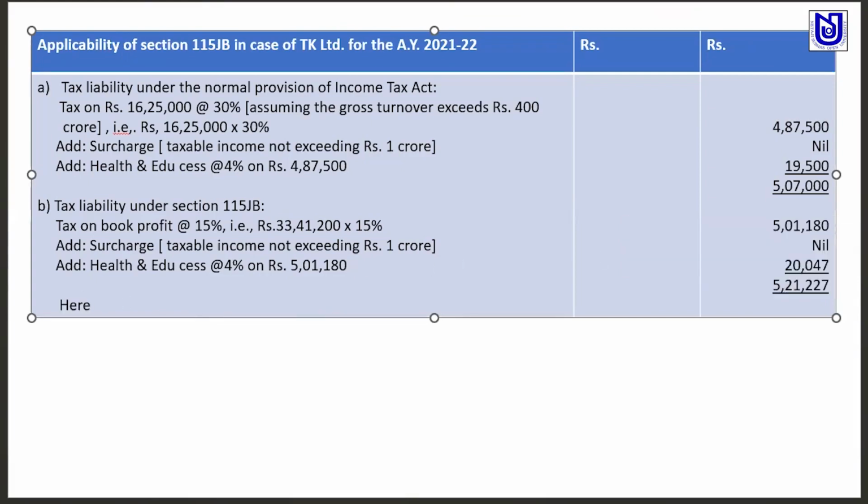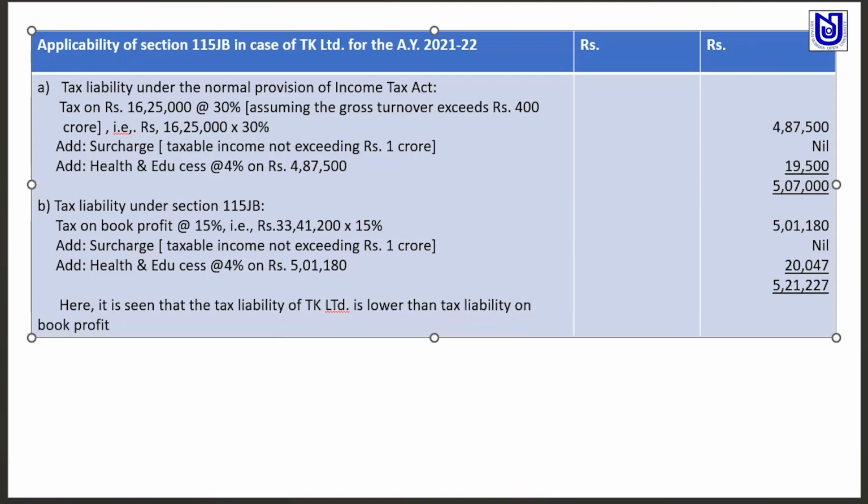So we have to write here: it is seen that the tax liability of TK Limited under the normal provision is lower than tax liability on book profit in terms of section 115JB.